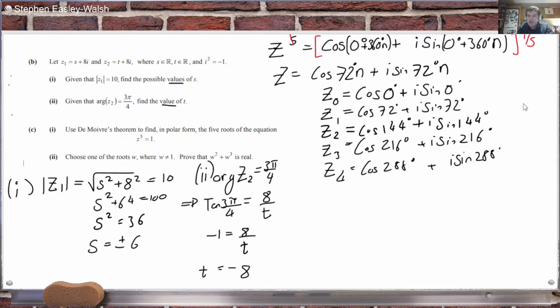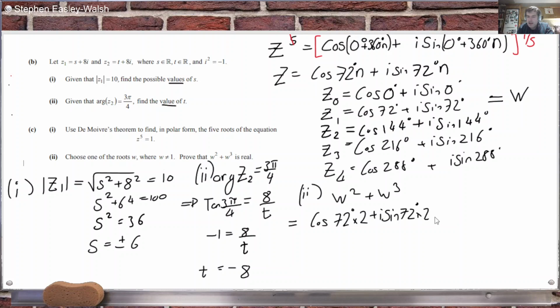Maybe I'll just go with choosing this one to be called W. Okay, so W squared plus W cubed, that will equal cos 72 times 2, because de Moivre says powers multiply the angles, plus i sine 72 times 2. And then I'll write that a little neater.